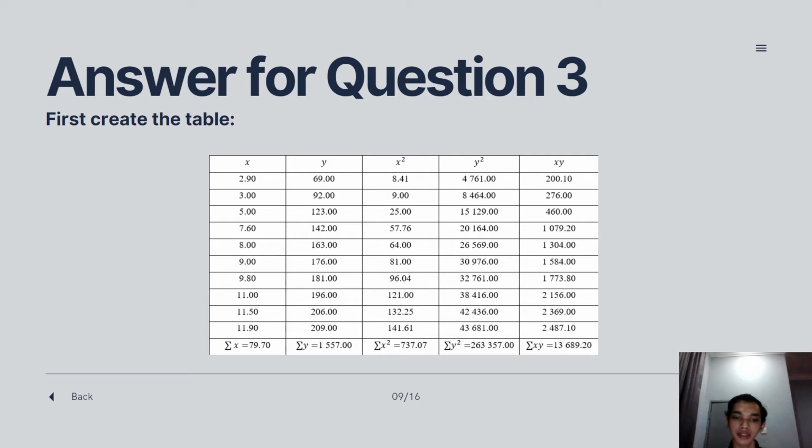For the sum x, we get 79.7, and for the sum y, we get 1557, and for the sum x power of 2, we get 737.07, and the sum of y power of 2, we get 263,357, and for the sum xy, we get 13,689.2.